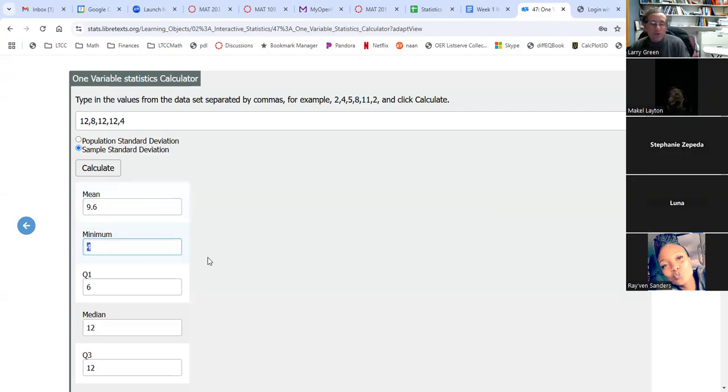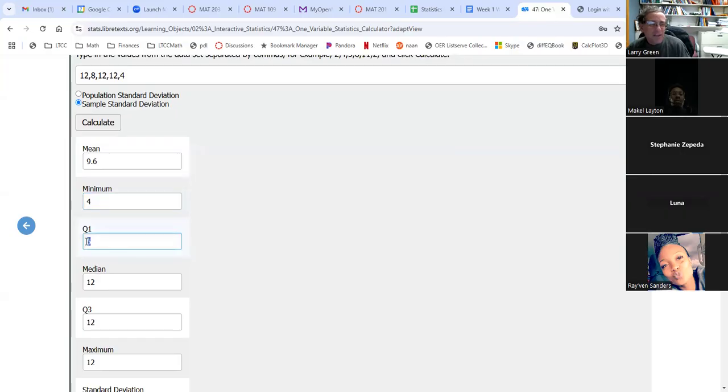I hope you all know what the word minimum means. 4. So that was the smallest number, the least number of months that someone expects to graduate in. Okay. There's Q1. That's a newbie. That's something that most of you probably don't know what it means. Q is a letter that stands for quartile.